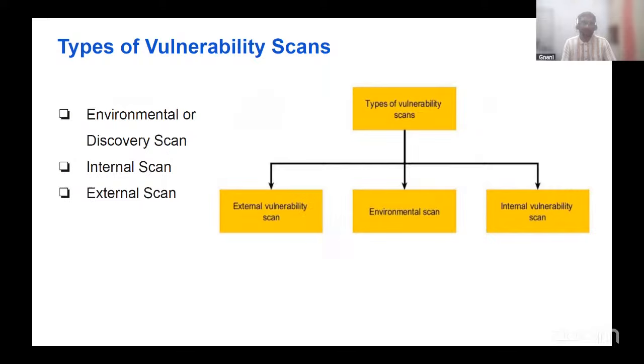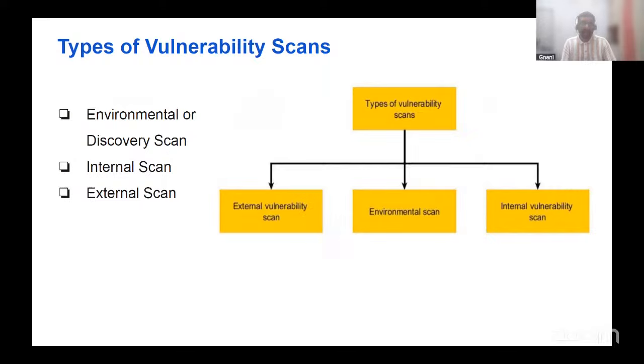So I'm not doing something from the outside network, the WAN, or from a different company. I'm doing this assessment only within my office network, corporate network, or organization network. So this will be considered as the internal scan. And there is one more scan type, which is the external scan.